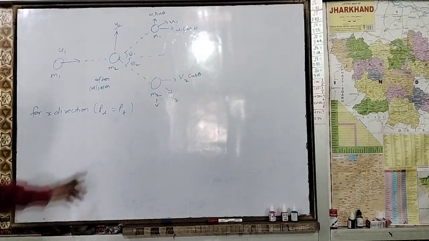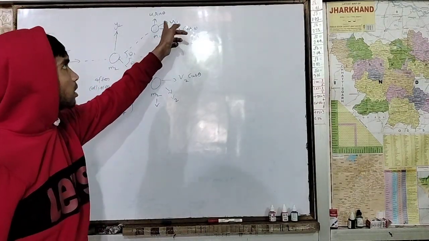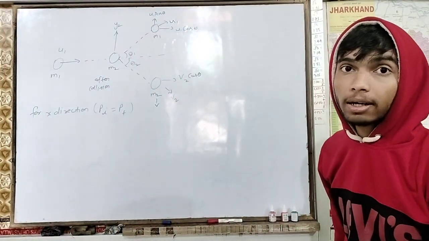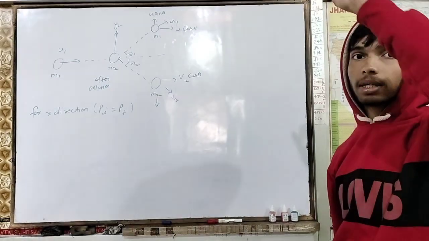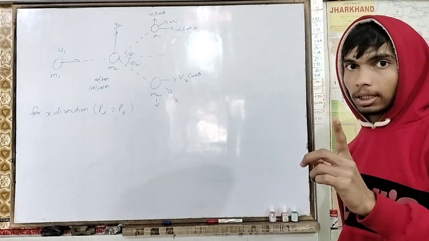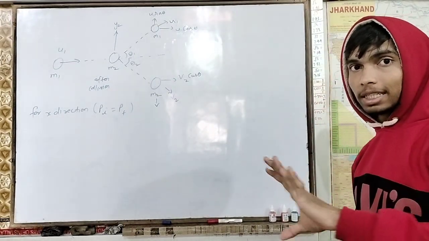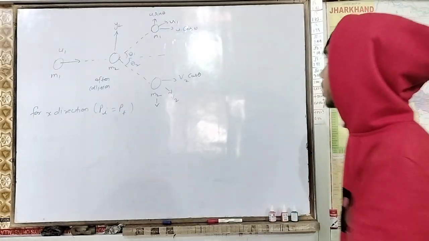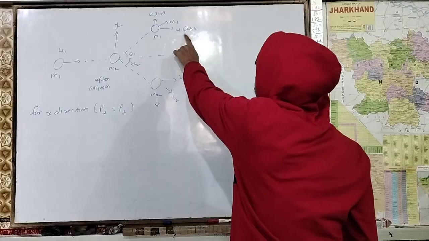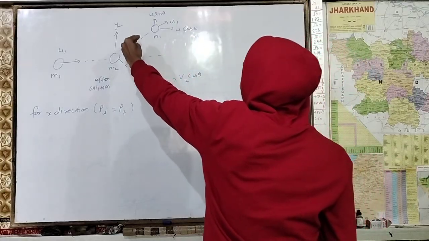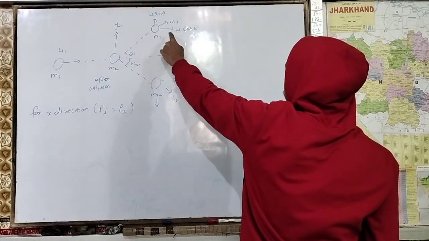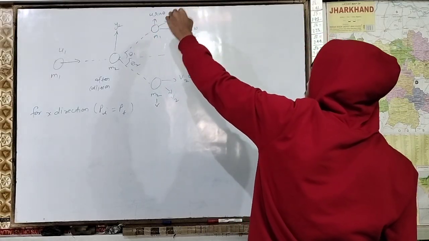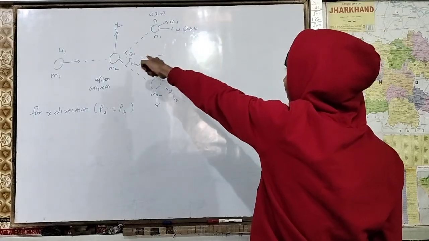You are observing that after collision this m1 went in this direction. You can't say that m1 went exactly horizontally or exactly vertically. After collision it is going in two dimensions. With v1 cos theta velocity, m1 is going horizontally, and with v1 sin theta velocity, it is going upward.